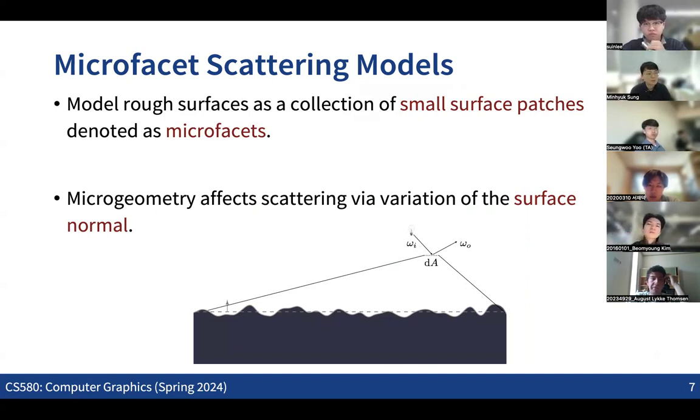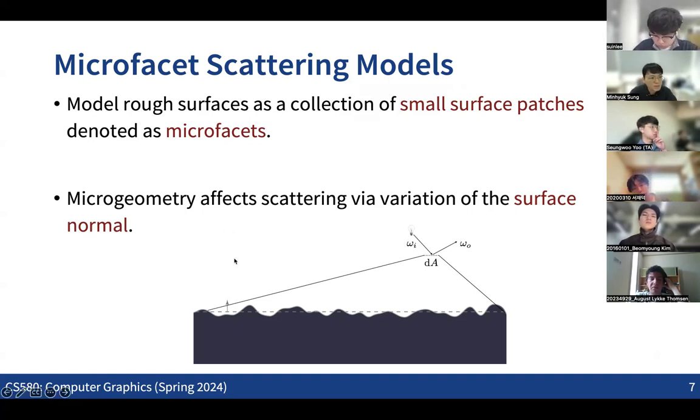We denote the entire rough surface as the macro surface, and the small surface patch is denoted as the micro surface. The distribution of these small patches affects the final rendering, especially the reflection and also the transmission, based on the variation of the surface normal.